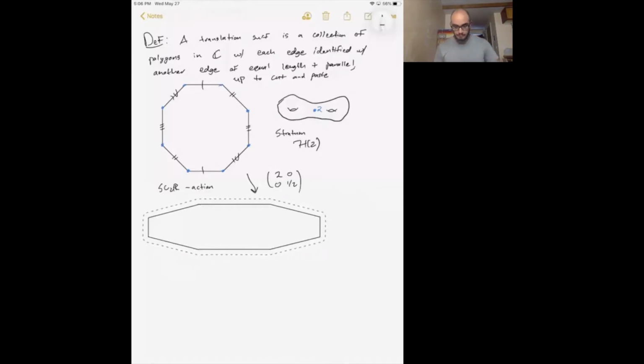Okay, so then on this space of translation surfaces, there are these period coordinates on each stratum.